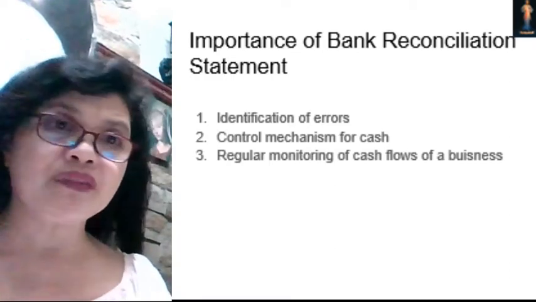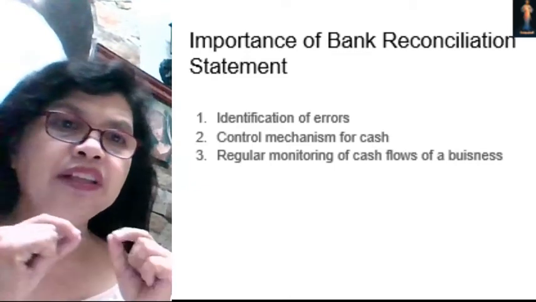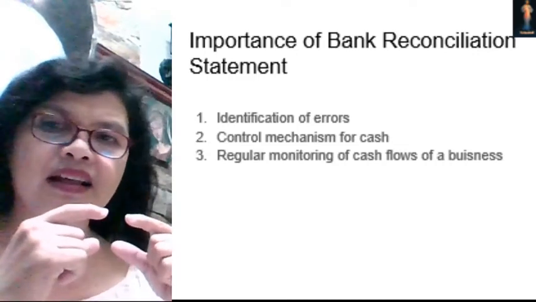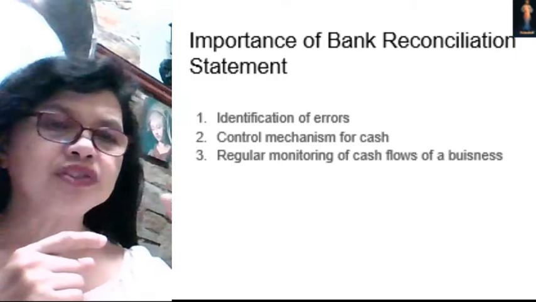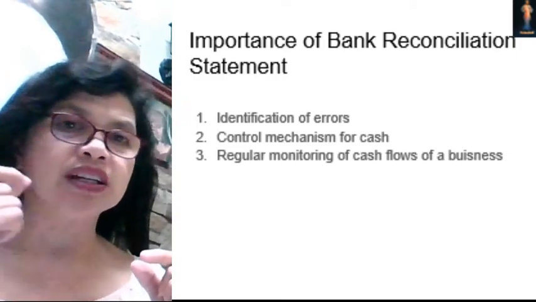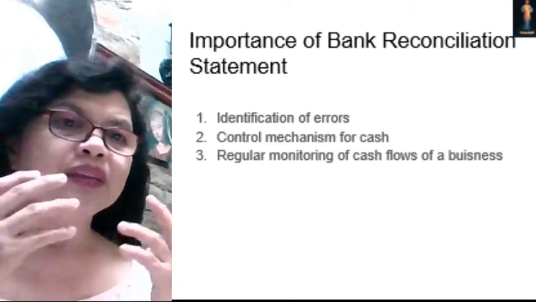What types of errors may it be? Well, it may be an incorrect amount. It may be written incorrectly. The amount should be 1,500, but the one issued or written was 1,300. Something like that. Errors in the figures.